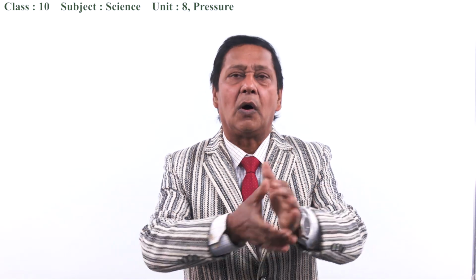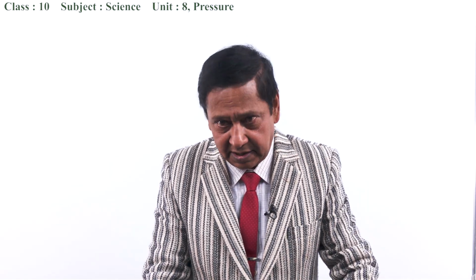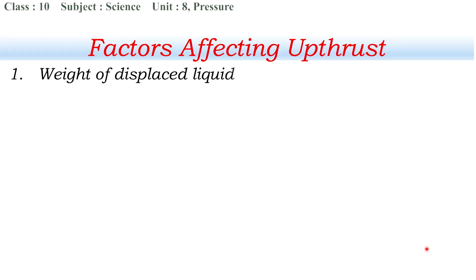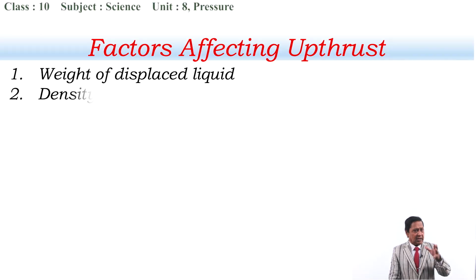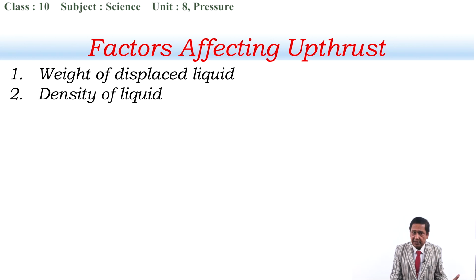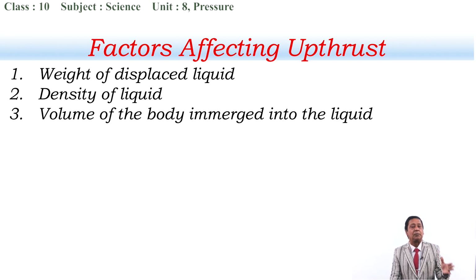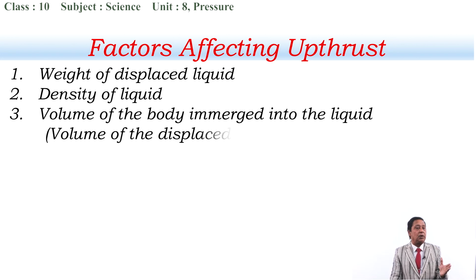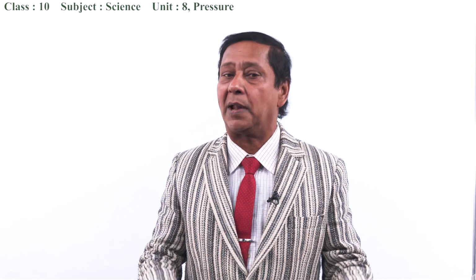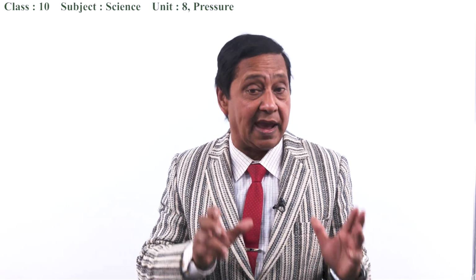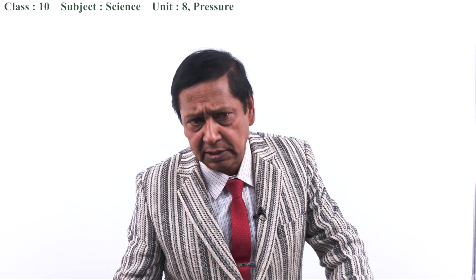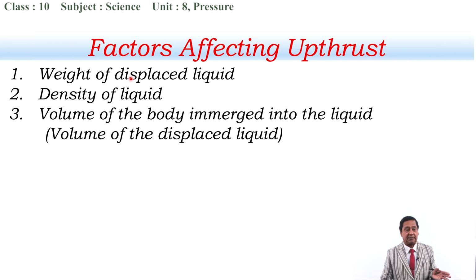Now let's conclude. After all these experimental and diagrammatic representations, what factors affect the upthrust? The weight of displaced liquid, another is the density of the liquid, and another one is the volume of the body immersed into the liquid, which can also be told as the volume of displaced liquid. After all this explanation, actually this first factor is the prime factor.